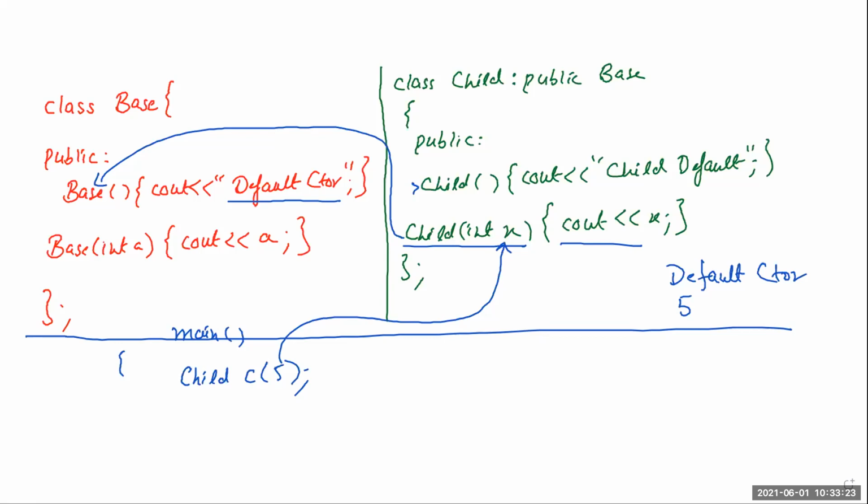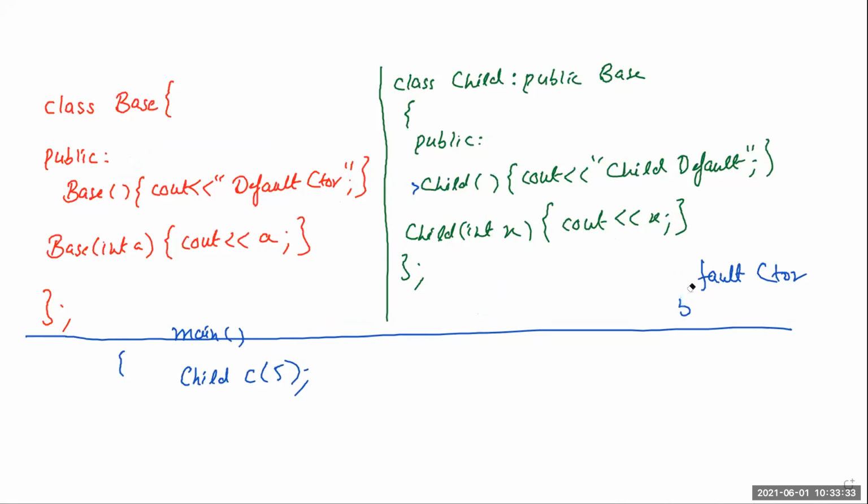Now another thing which you must be thinking, or it is natural that it can come to your mind, is what if I want to call the parameterized constructor of the base class? It means that whenever I am calling the parameterized constructor of child class, we expect that for the parent class this constructor should be called.